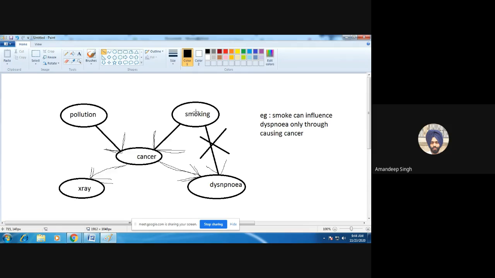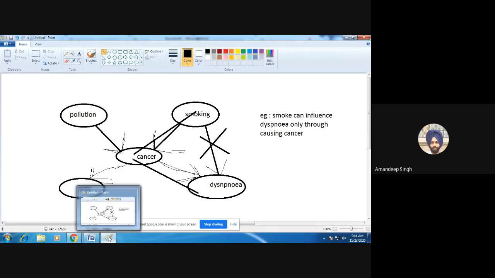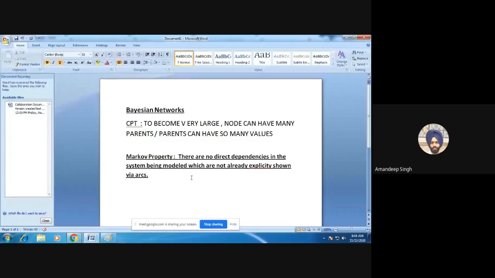So this whole thing is happening from this to this and then this to this. Not direct, the dependencies between the nodes are not there. So that is what the Markov property is all about. There are no direct dependencies in the system being modeled which are not already explicitly shown via arcs.